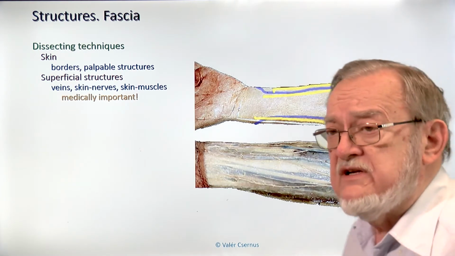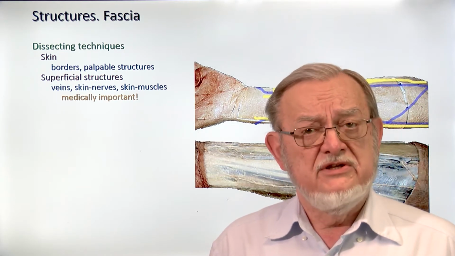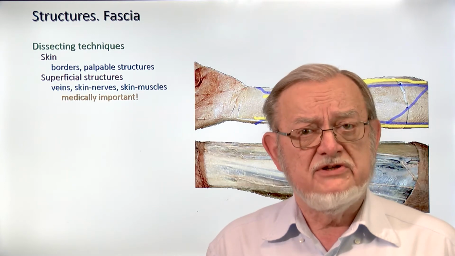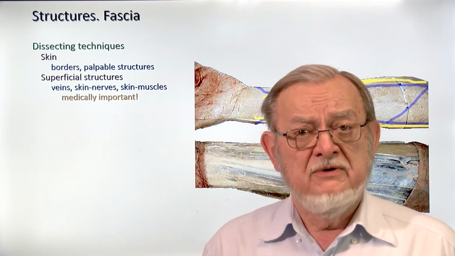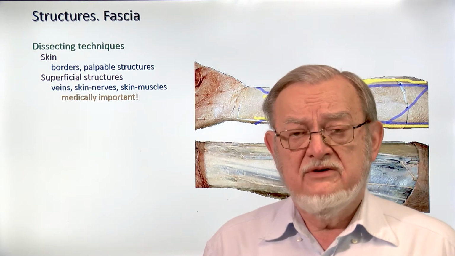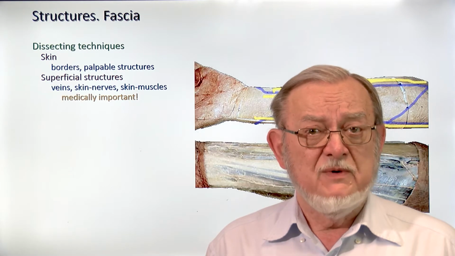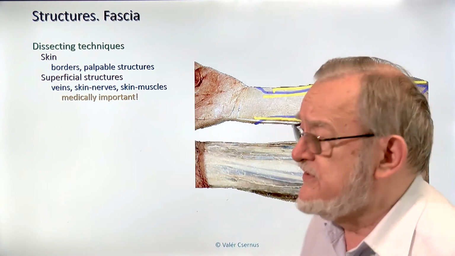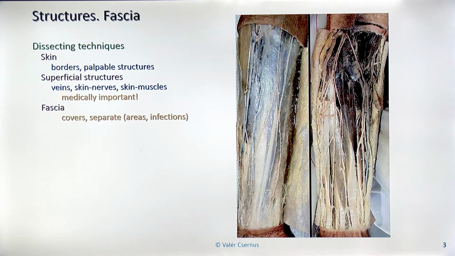The superficial structures are medically important, since most of the injuries and most of the problems of the patients come with a superficial structure, very little the deep one, and also medical diagnosis and therapy, intravenous injection, blood samples, and so on, also deal with the superficial structure. So this is one where we have a special importance.